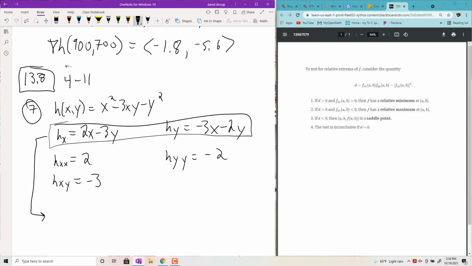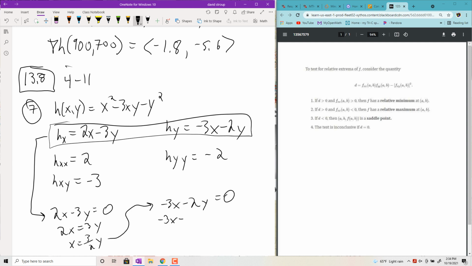Okay. So first I need to get my critical numbers, and you get those from setting the first partials equal to 0. So 2x minus 3y is 0. So 2x equals 3y, so basically x is some multiple of y. Plug this into the other equation. The other equation is negative 3x minus 2y equals 0. So plugging this into there, I get negative 3x minus, I went the wrong way with that, didn't I?